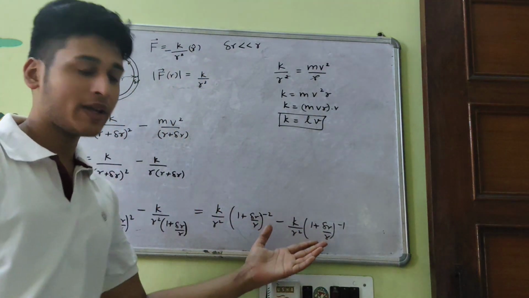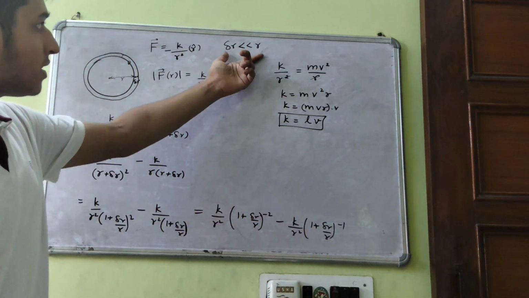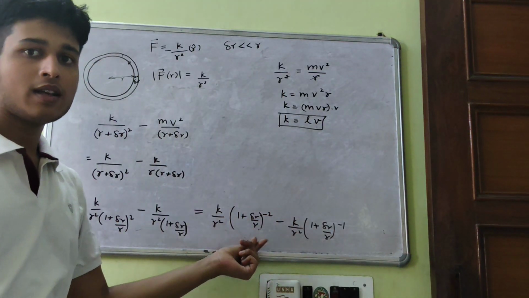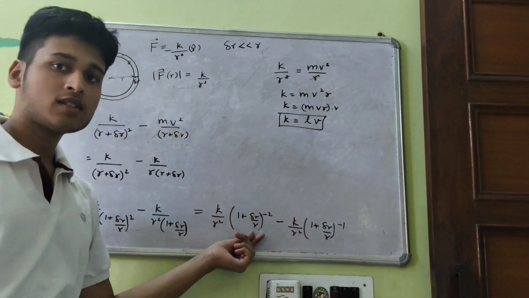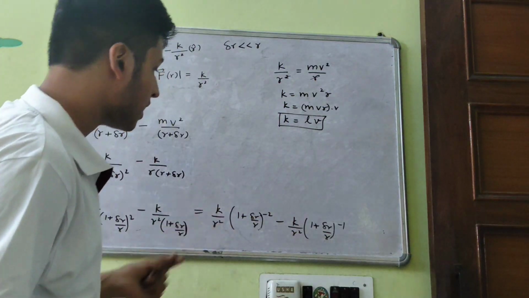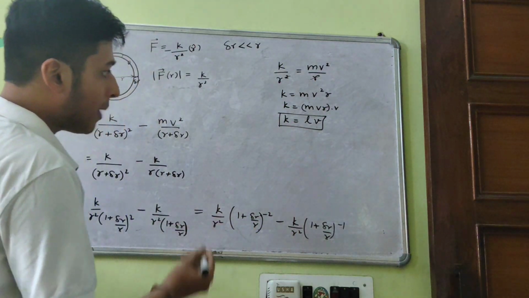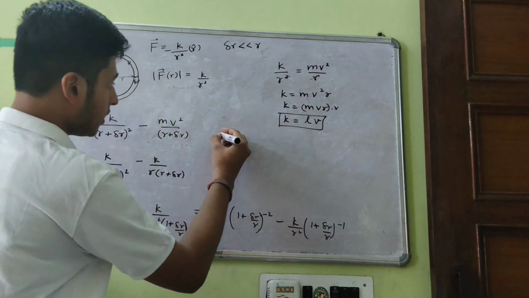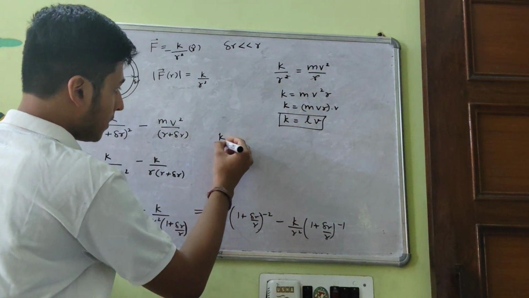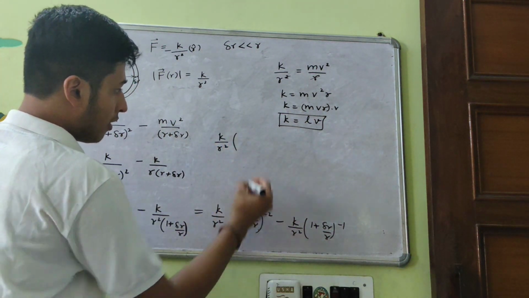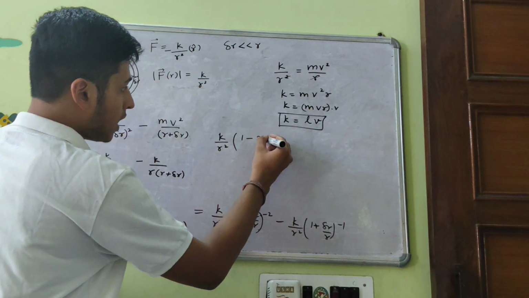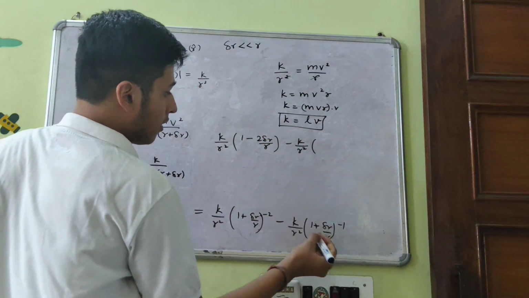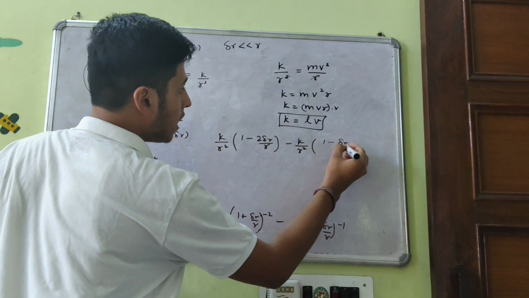So we see where this is going. Since delta r is much less than r, this is 1 plus x to the power n, where x tends to 0 because delta r is much less than r. So we can apply the binomial approximation here. So the net force equals k by r square, 1 minus 2 delta r by r, minus k by r square, 1 minus delta r by r.